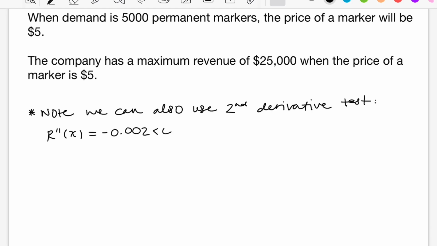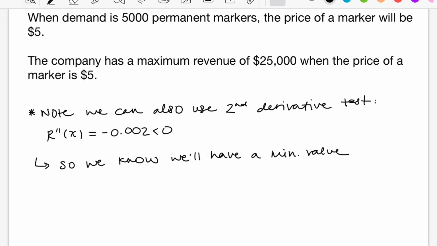And this will always be negative. Okay? So we know we'll have a maximum value at the critical number. Okay? And so this is actually how this problem was solved in the book. So if you want to take a look at that.